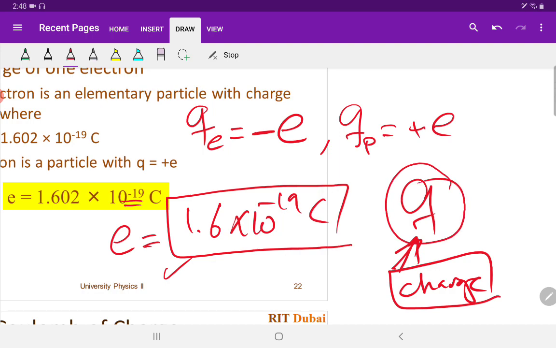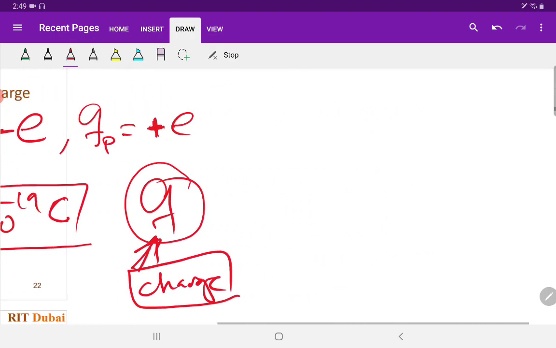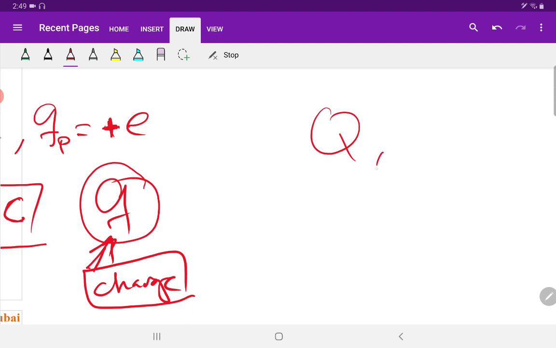Now the minimum charge we will have is the charge of the electron, and it's equal to minus this magnitude, 1.6 times 10 to the power minus 19 coulomb. The charge of the proton has the same magnitude, 1.6 times 10 to the power minus 19, but with a positive sign. How can we describe the charge in general? As the letter Q, either small or capital.